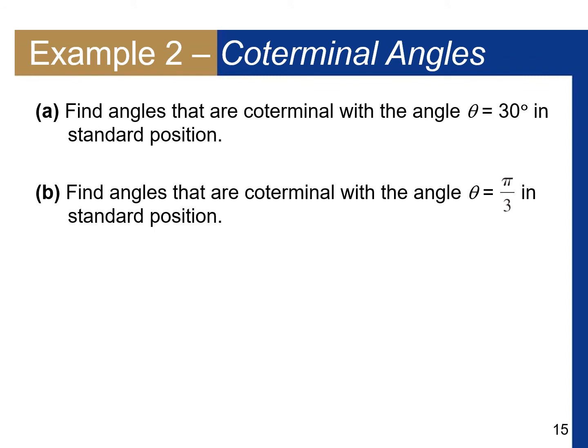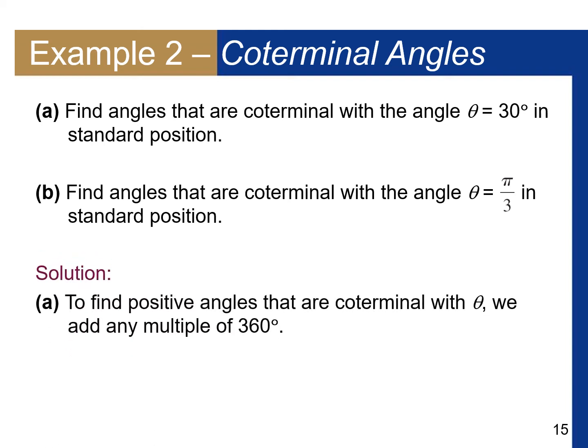Find angles that are coterminal with the angle of 30 degrees in standard position, and angles that are coterminal with the angle pi over 3 in standard position. Let's take a look at that. To find positive angles that are coterminal, we add any multiples of 360. Every time we go around 360 degrees more, we have another angle, but it will end up in the same location.